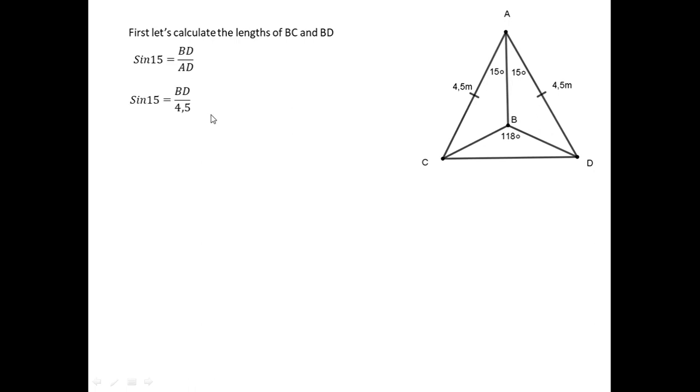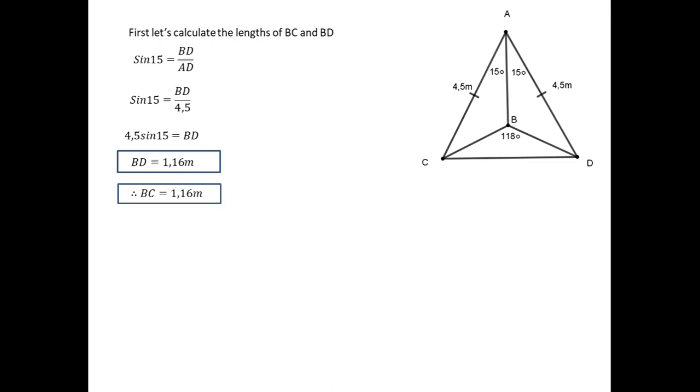Fill in my values. I don't know what BD is, but I know that the angle is 15 degrees, and I know that the hypotenuse is 4.5 meters. Rearrange that using equation thinking and work out my answer. BD is 1.16 meters. There we go, blue box. Because, as we said earlier, triangle ABD and triangle ABC are congruent, that means that BC will also be 1.16 meters. Another blue box.